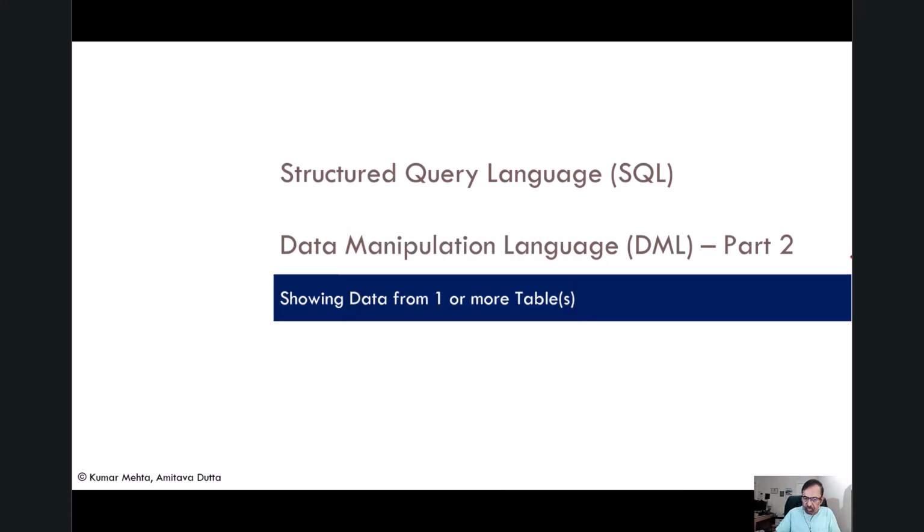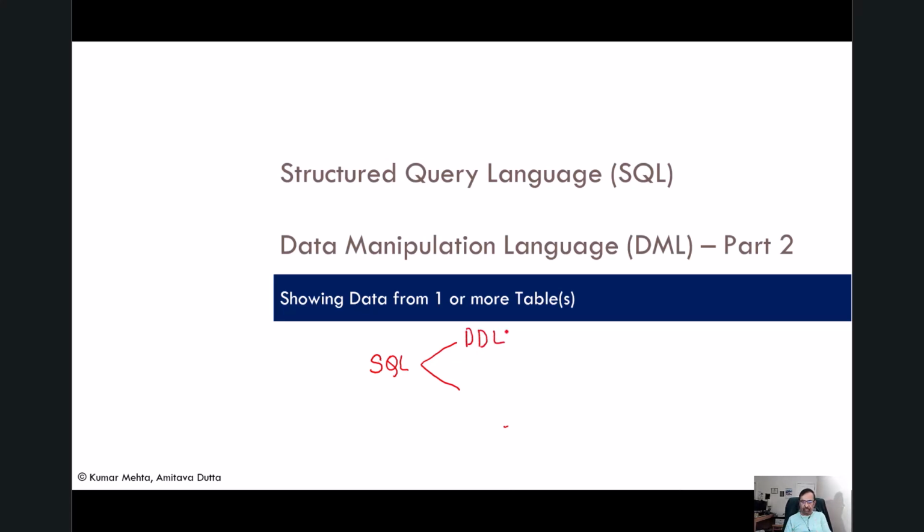Okay, let's continue now with our discussion of SQL. To take stock of where we are, we had mentioned that this language called SQL has two broad divisions of commands, two broad sets of commands. One is called the data definition language.